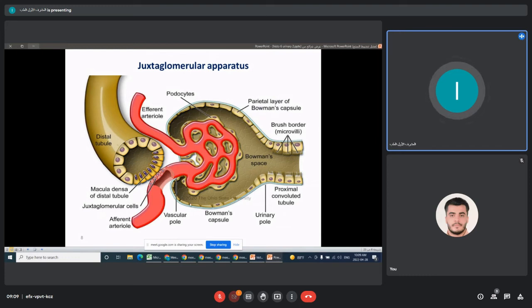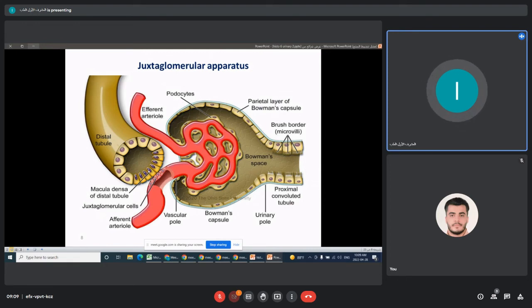This is monitored through receptors in the distal convoluted tubules, called osmoreceptors, which sense any change in osmolarity, especially of sodium, and if these receptors are stimulated, they will increase the release of certain substances such as ATP and vasoactive substances.